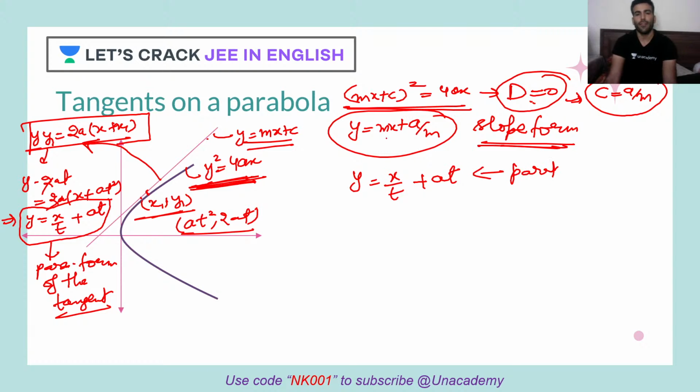If you want to get the relation between the parameter and the slope, you can just compare the coefficient of x and the constant term. So what do you see? You see that m is equal to 1 by t. So this is the condition you can always use. If you have slope form, you can directly convert it into parametric form, and if you have parametric, you can convert it into slope. Clear?